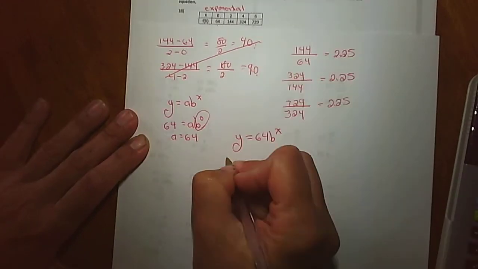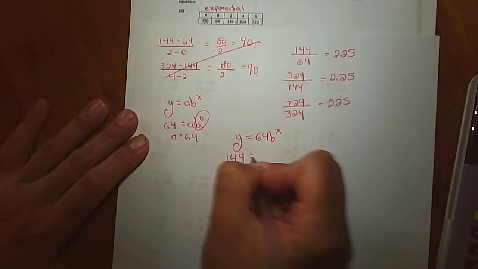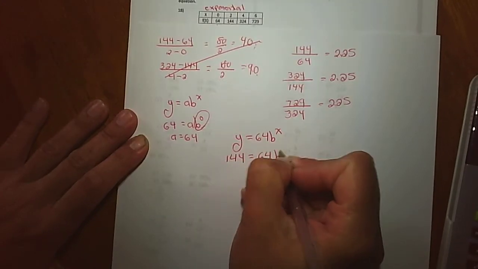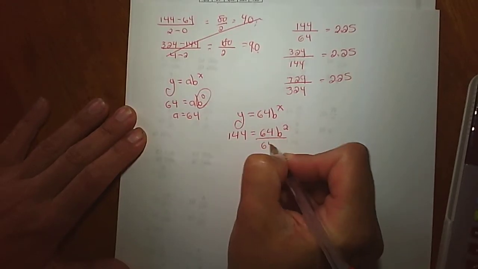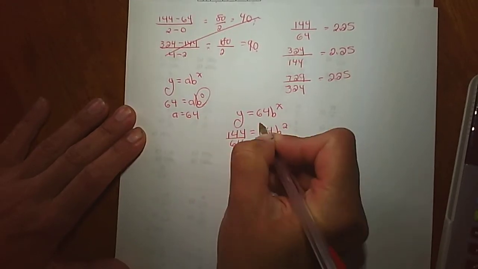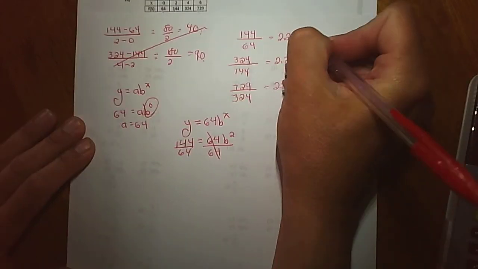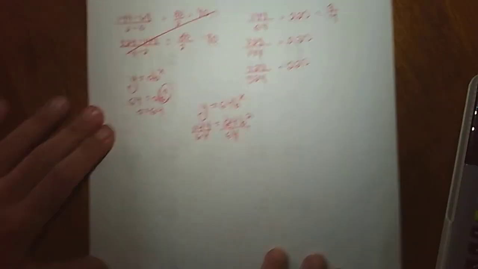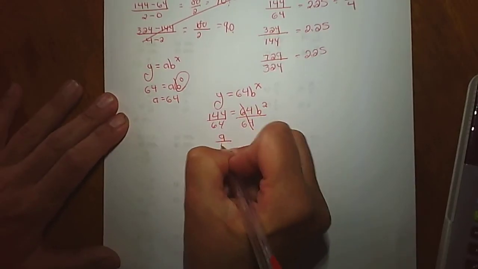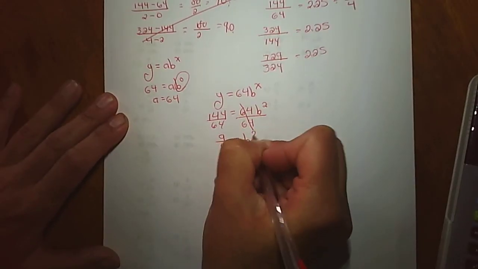Then take the next one, which is 144 equals 64 b squared. I'm going to divide by 64. That's 144 over 64, which before I said is the same thing as 9 over 4. So 9 over 4 equals b squared.